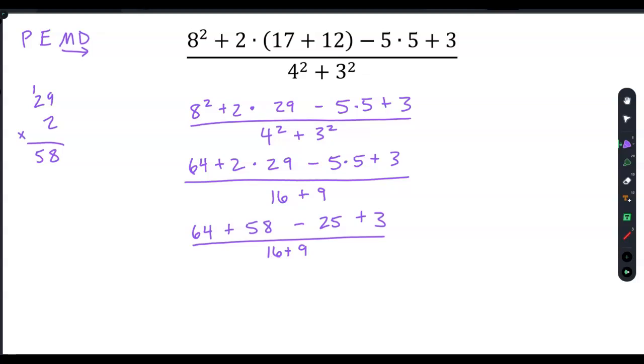And then finally, I'm ready for addition and subtraction, which we do together from left to right. Typically, we say that you do addition and subtraction together from left to right. So like you would do 64 plus 58 first, and then take that answer, and then subtract 25, and then take that answer, and then add 3. And there's nothing wrong with that.